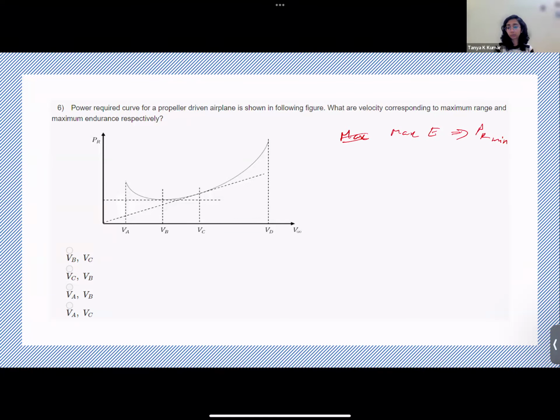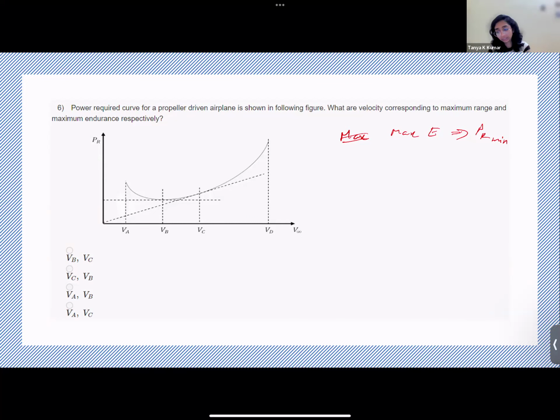Correct? So what would the velocity be for maximum endurance? VA, VB, VC, or VD?